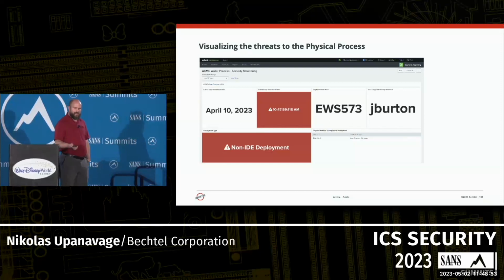If it's not within that maintenance window, you get a little red indication. Also, if it's outside of your development environment, that's another indication. We have the host that the logic was deployed from, and the user that was logged in at that time, which we pulled from Windows logs.